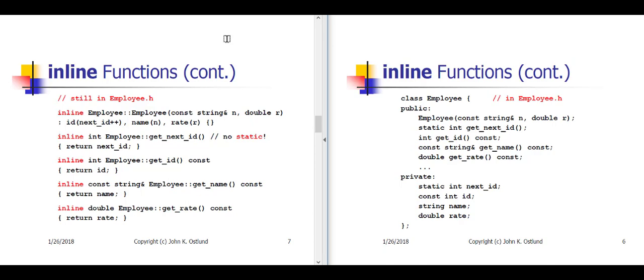Alright, so the definition of the employee class on slide 6 is very clean, and below that class in the header we are able to define all these simple member functions as explicitly inline.